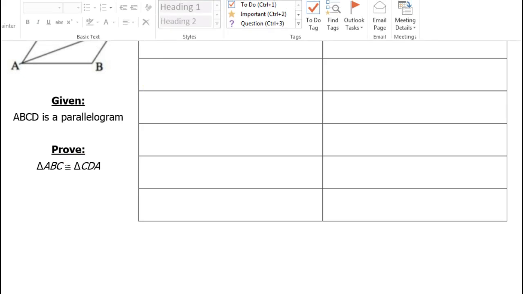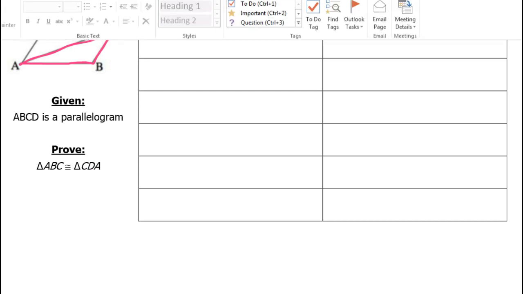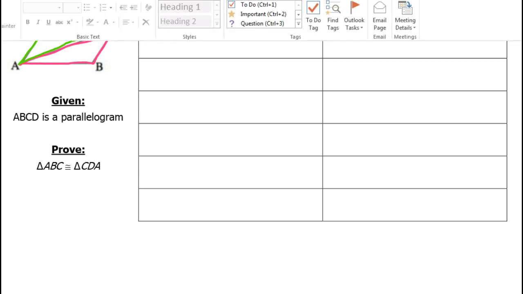What we're trying to prove is that triangle ABC, so here's triangle ABC, is congruent to triangle CDA. We're trying to prove that these are congruent.